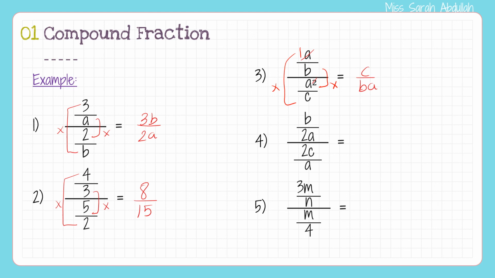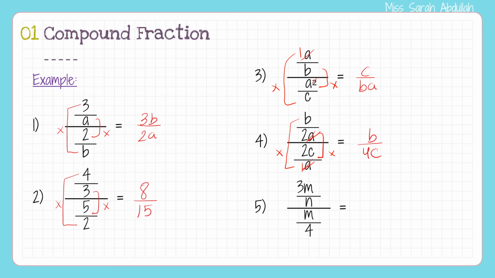Number 4, b over 2a over 2c over a. Numerators, b and 2c, I cannot simplify. Denominators, 2a and a, yes, I can simplify. A goes with a. Now I do the multiplication. So b times 1, it's b, over 2 times 2c, it's 4c. So the answer is b over 4c.